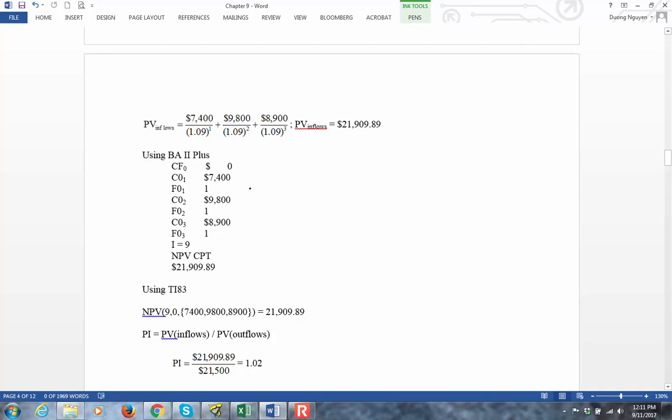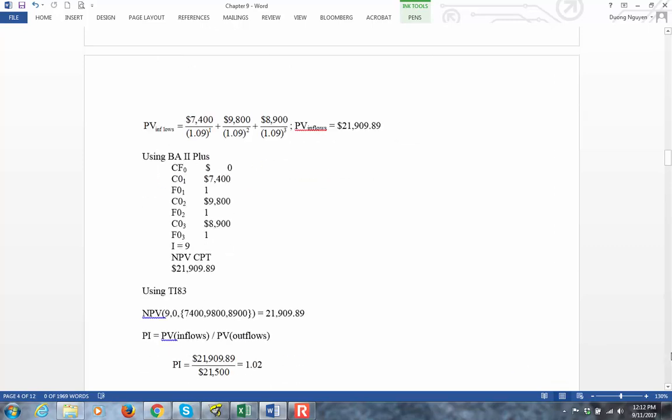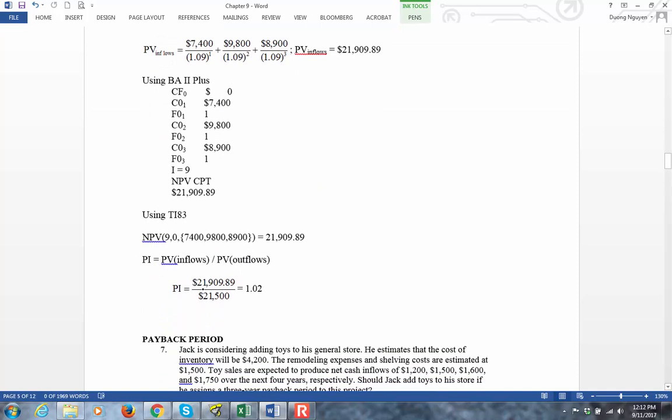What is the outflows? It is the cost at time zero, the only outflow, 21,500. So it is 21,909.89 over 21,500, equal to 1.02.